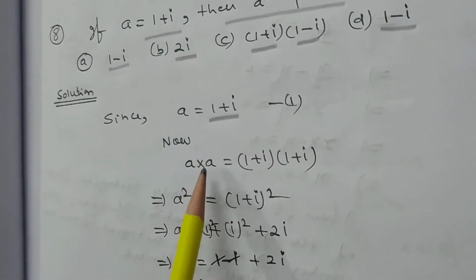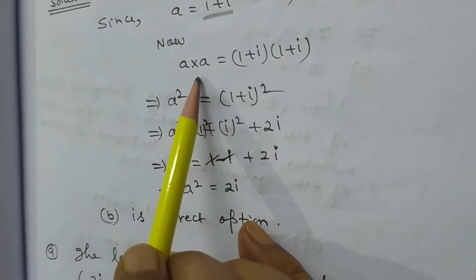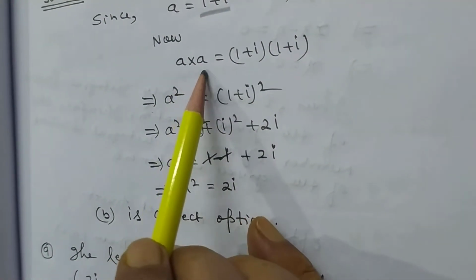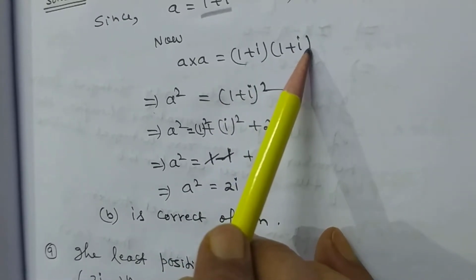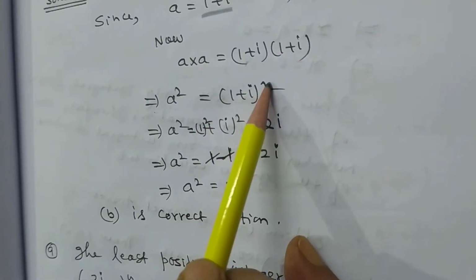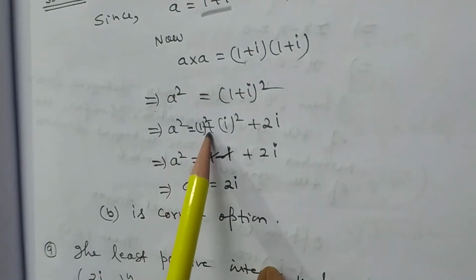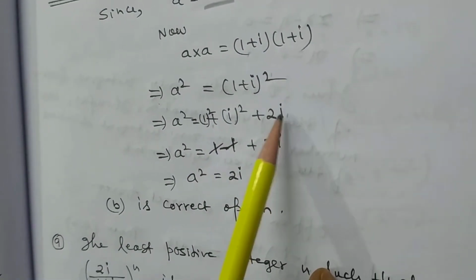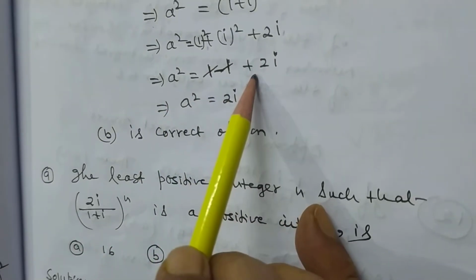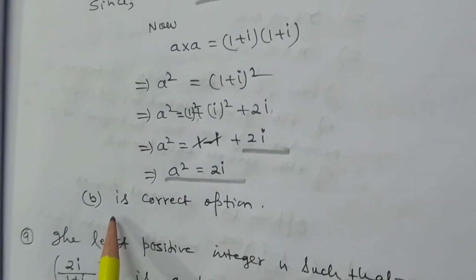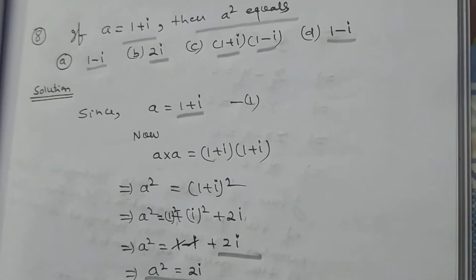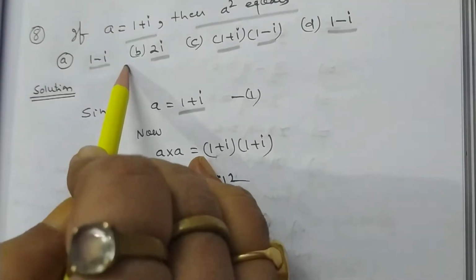Now if we take the product of a with a, it will be a into a, which is 1 plus i into 1 plus i. So a squared is equal to 1 plus i whole squared, which is 1 squared plus i squared plus 2i. So a squared is equal to 2i. So B is the correct option. The value of a squared will be 2i.